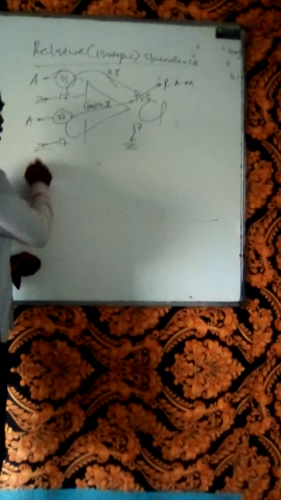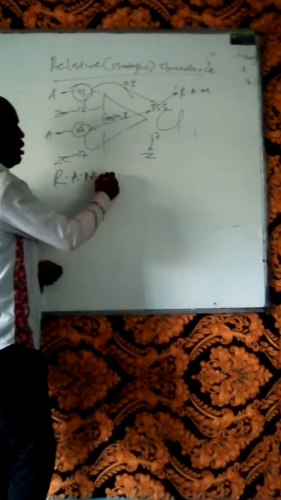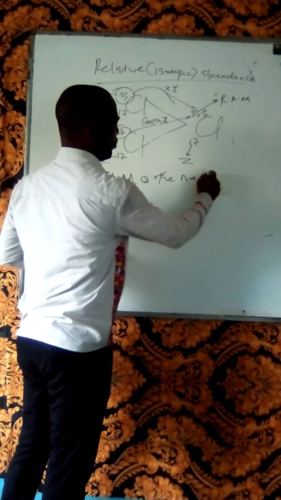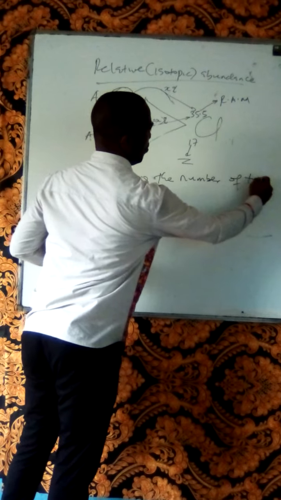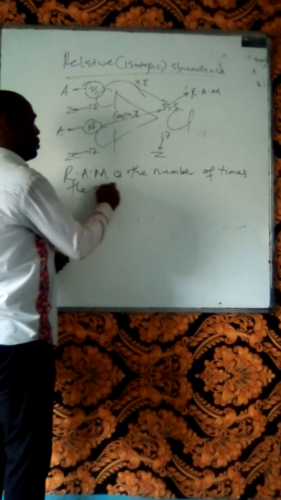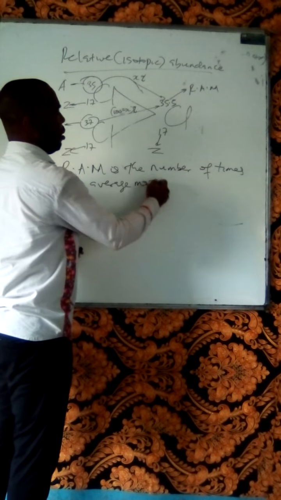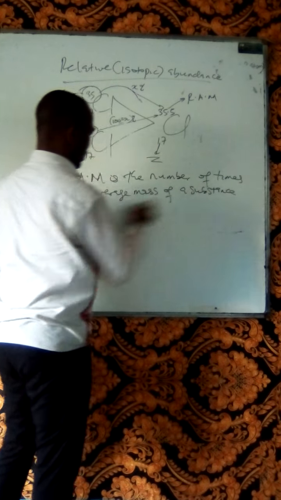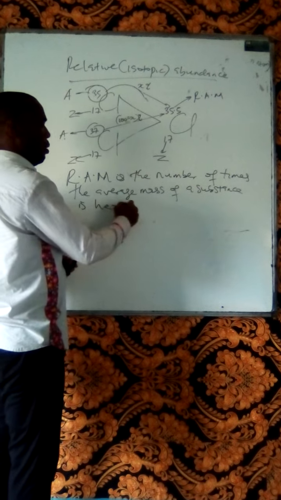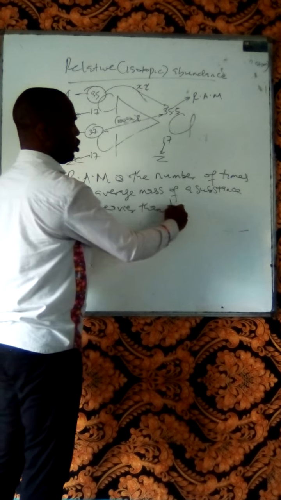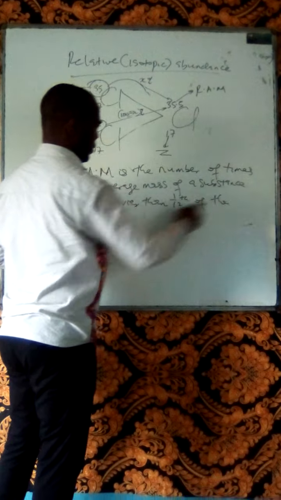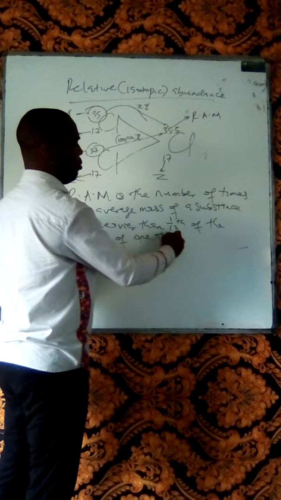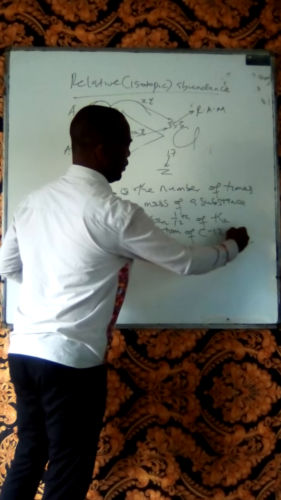Relative atomic mass, which I call RAM for short, is the number of times the average mass of a substance is heavier than 1/12 of the mass of one atom of carbon-12 isotope.